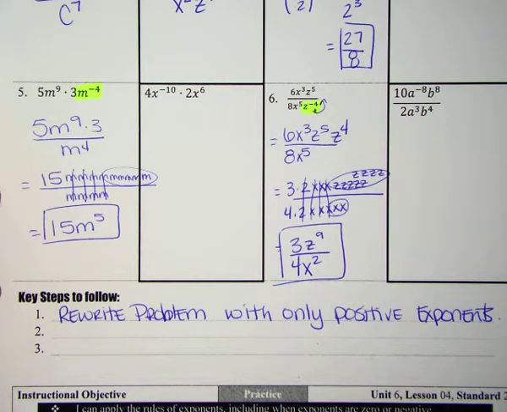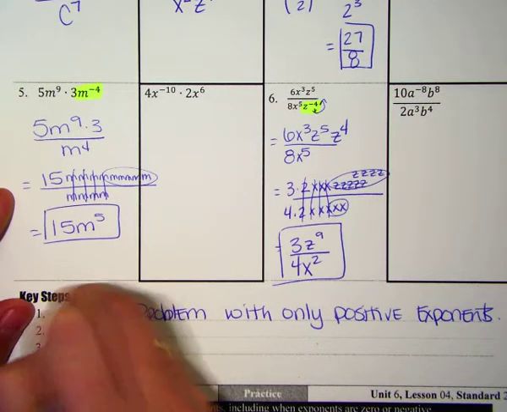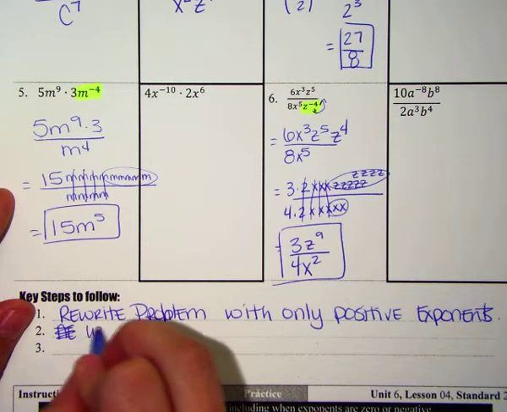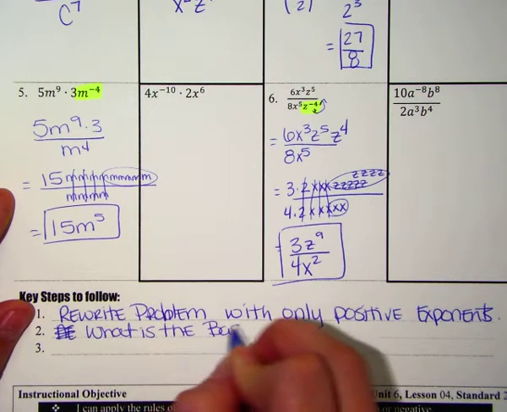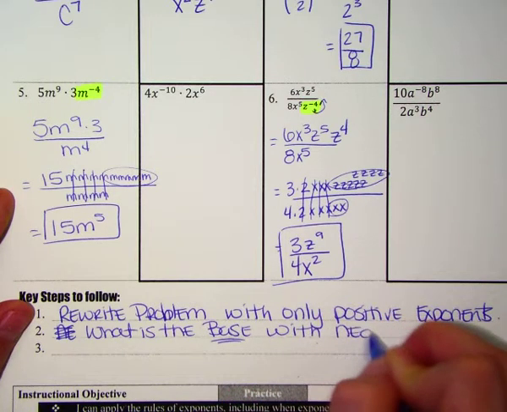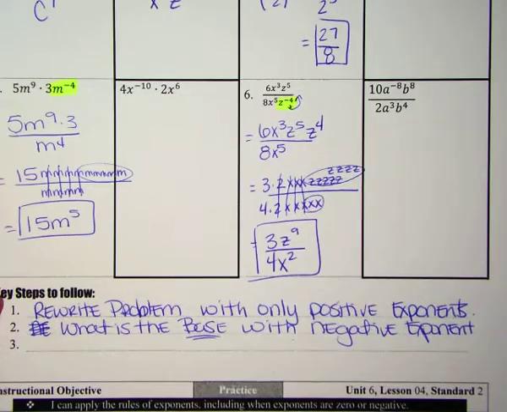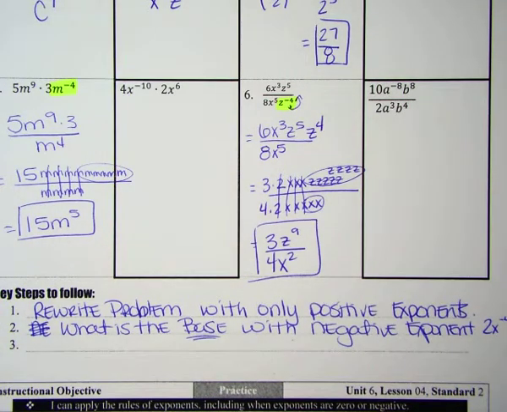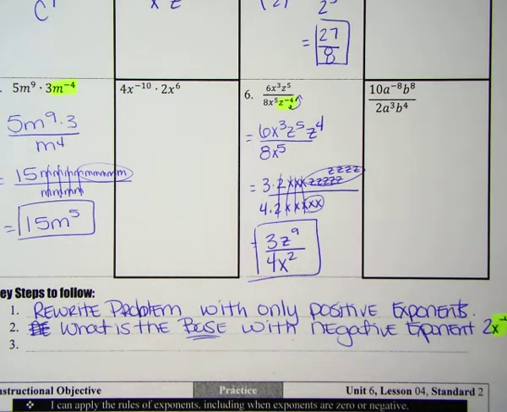The second thing is to always remember that the negative exponent, well, I guess you should ask yourself a question. What is the base with the negative exponent? And again, I say this because of problems like 2x to the negative 4th power. The negative exponent is only applying to the x, not to the 2.